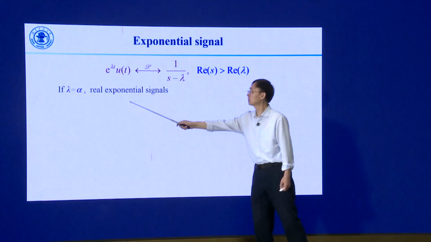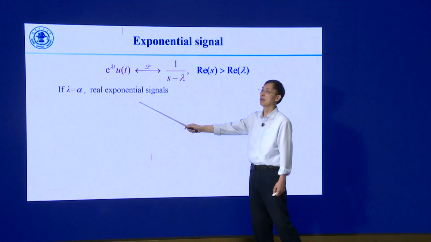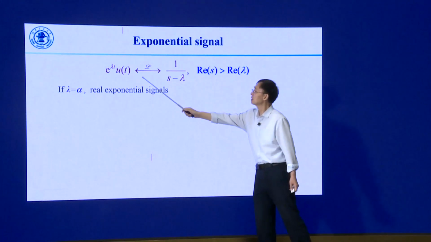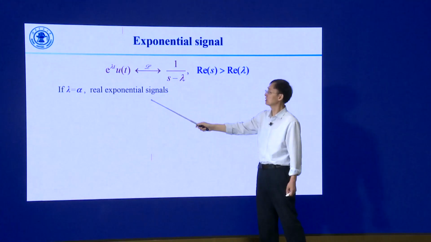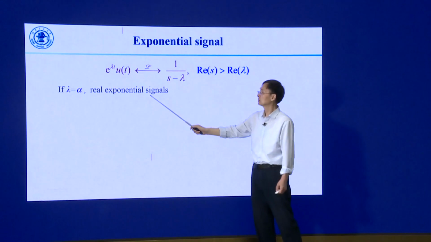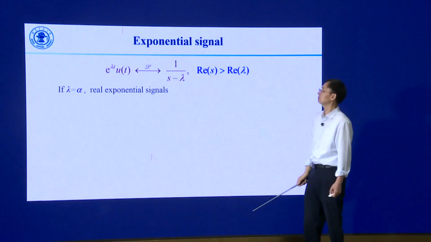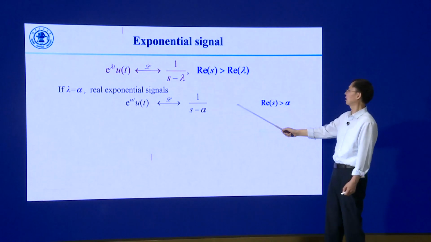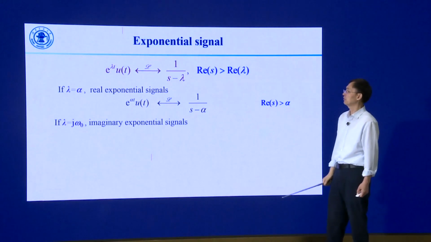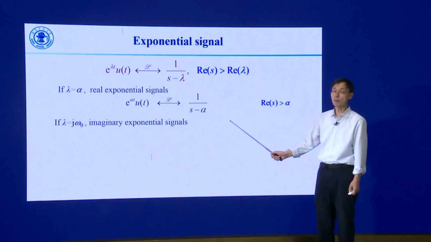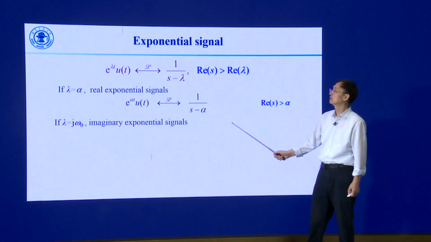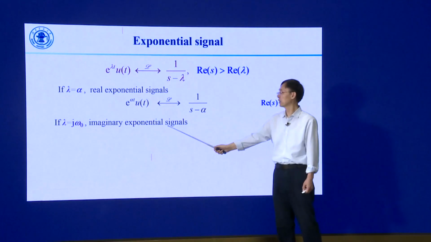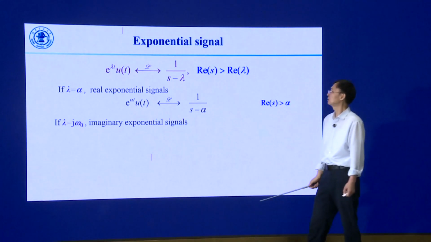If lambda equals alpha, where alpha is a real number, this exponential signal is a real exponential signal. We can get this expression. If lambda equals j omega 0, the signal is an imaginary exponential signal.